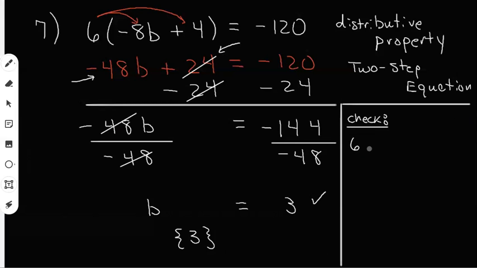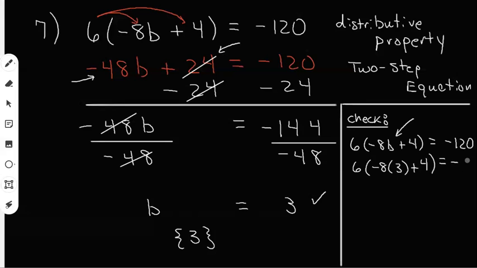The 6 times negative 8b plus 4 is equal to negative 120. So this is my original equation. What I'm going to do is let b be equal to 3. So I'm going to have negative 8 times 3 plus 4 on the inside.